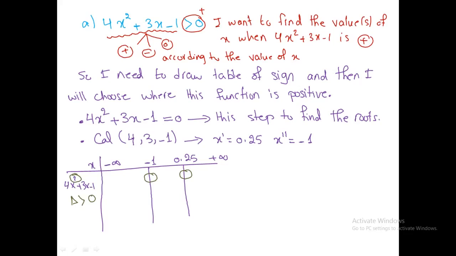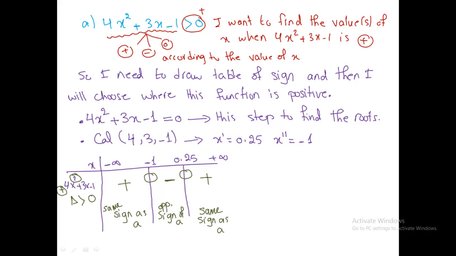This is the region inside the root opposite sign of A, and outside the root same sign as A. Here A is positive, opposite sign of A is negative, and same sign of A is positive.